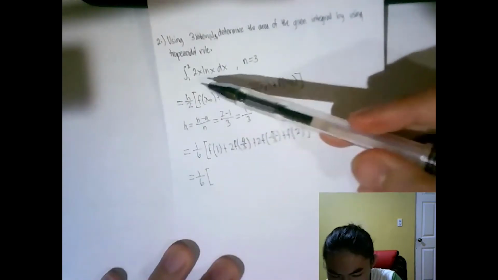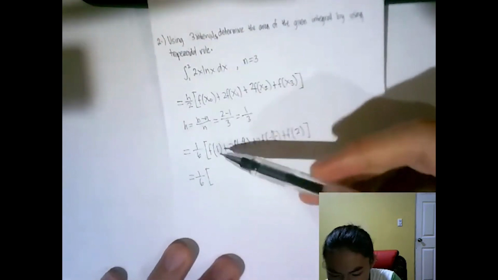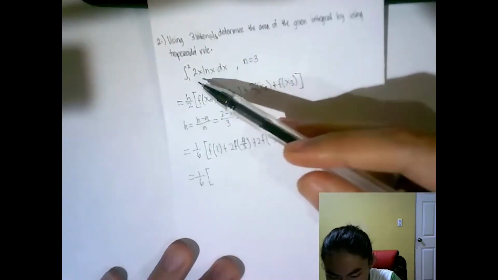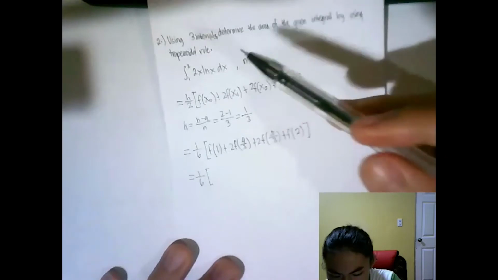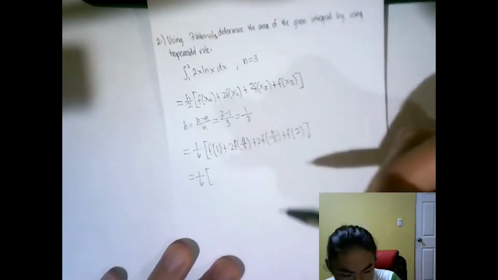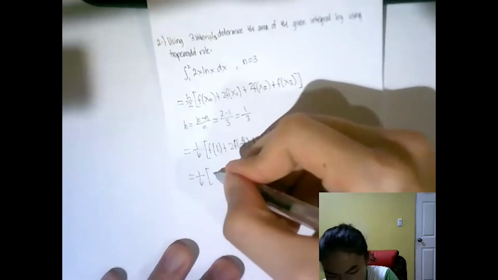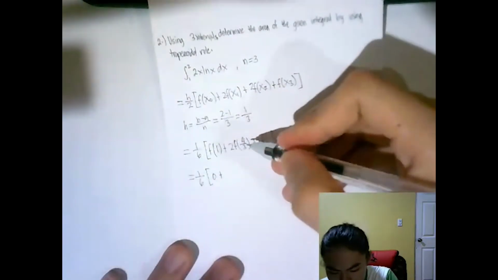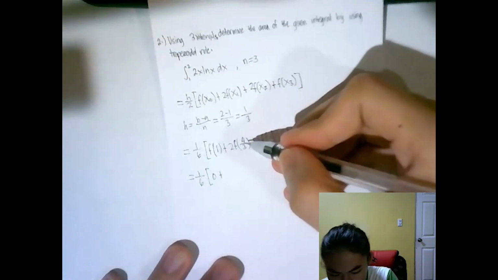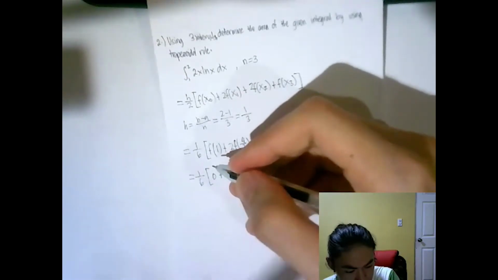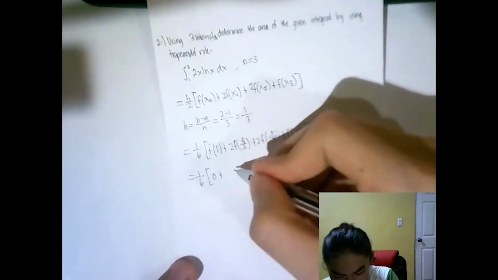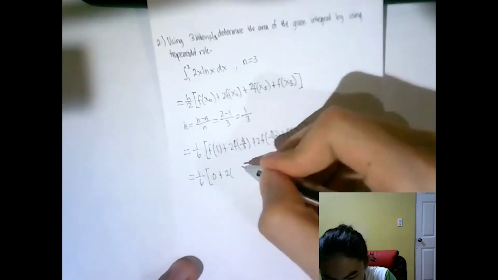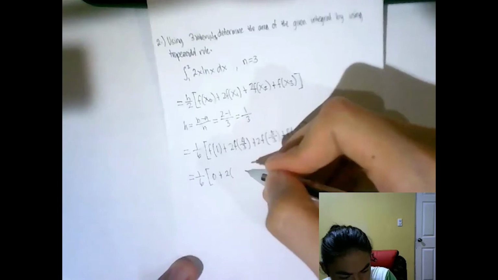Okay, next naman is substitute na natin ang ating function dito sa ating equation. So, ang gagawin natin is substitute itong 1 dito sa ating x. So, 2 times 1 times ln of 1. And ang value niyan is 0. Plus, substitute natin itong 4 over 3.